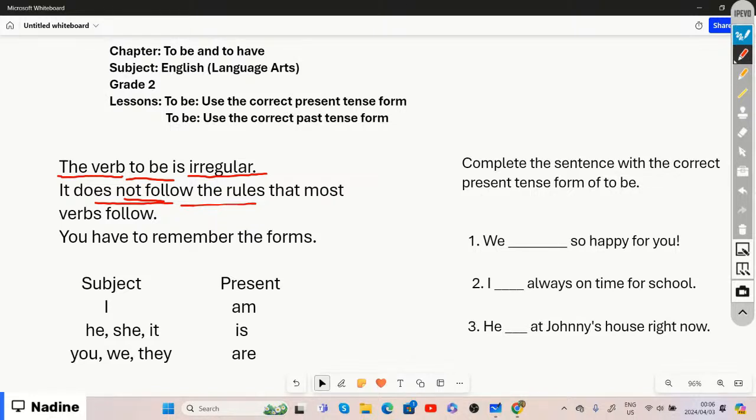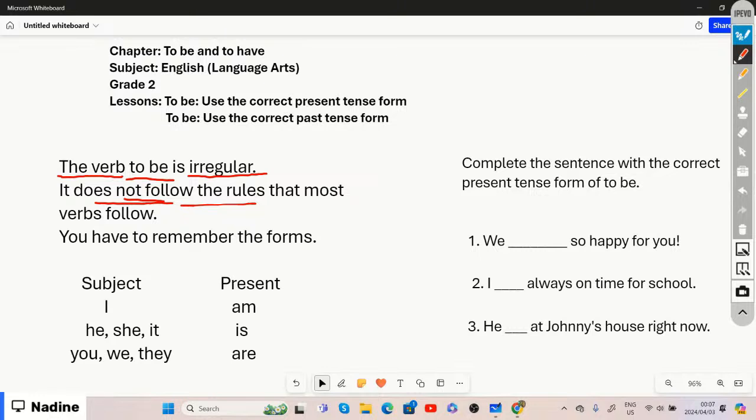It doesn't have a set rule where you need to add ed or d or something in order to show the present tense or the past tense form of the verb. It doesn't say you must add s or es to show the present or the past tense form of the verb, right?